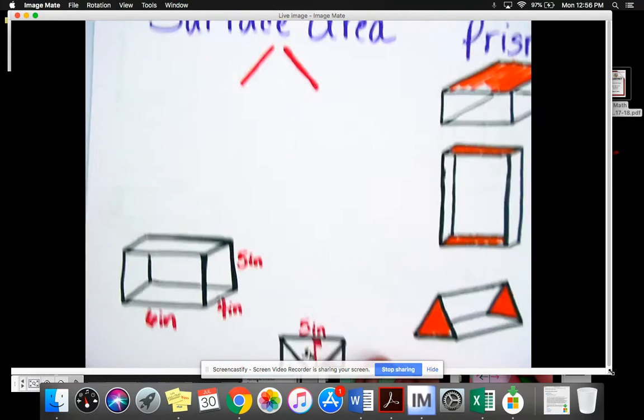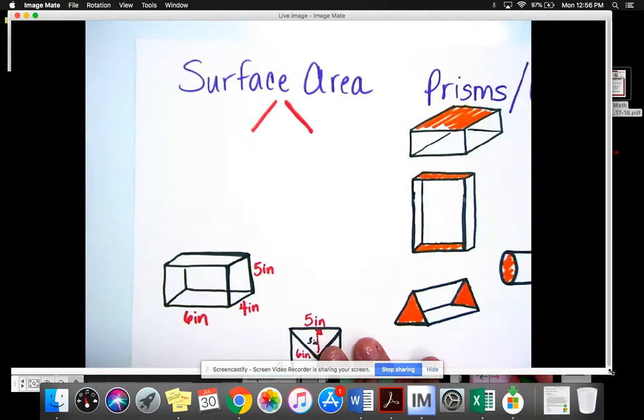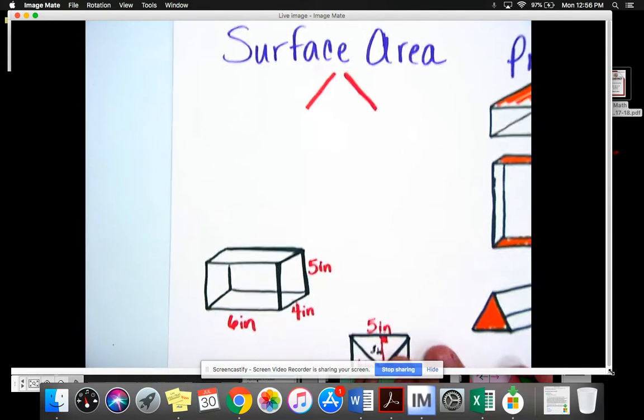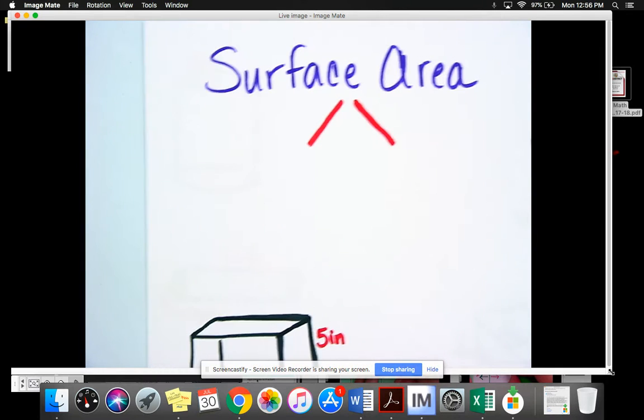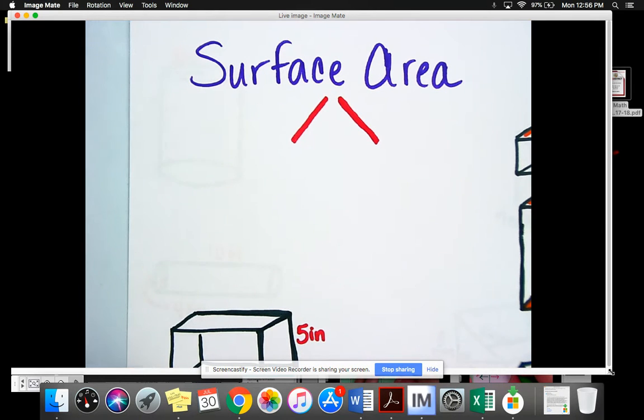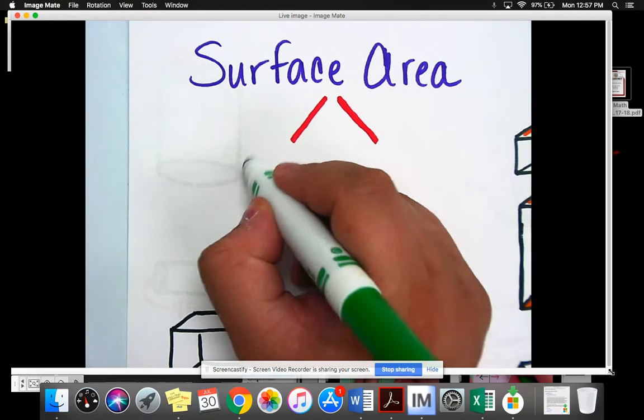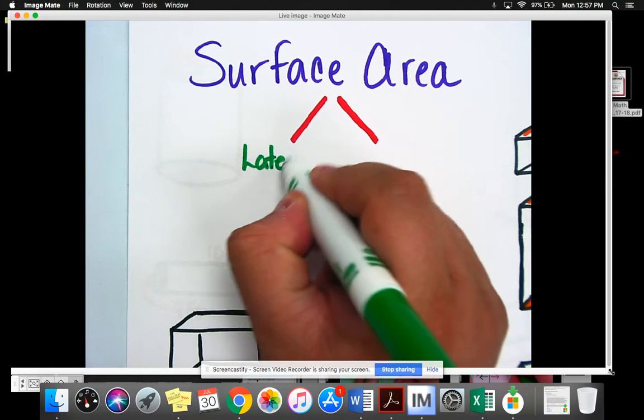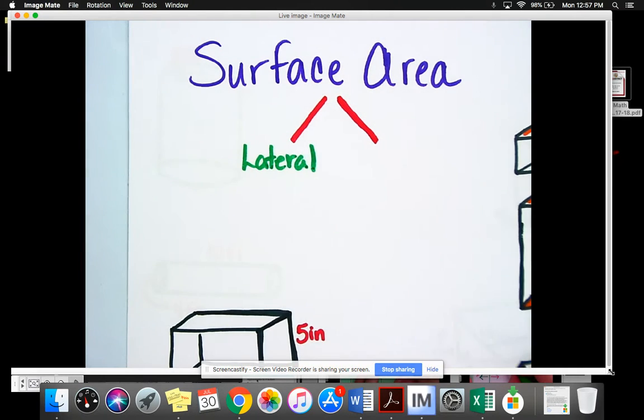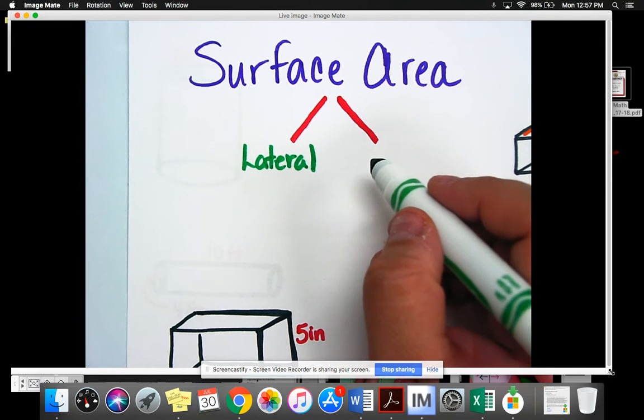And then this is my little surface area paper. I write bigger, so I took the one that Miss Nelson did and made my own. Surface area is basically the sum of all the faces of all the sides of a figure. There are two types of surface area: lateral, which we just talked about, and total. This is what you want to write down, and slow the video down or pause it as you need, but I'm going to go faster so it's not that long.